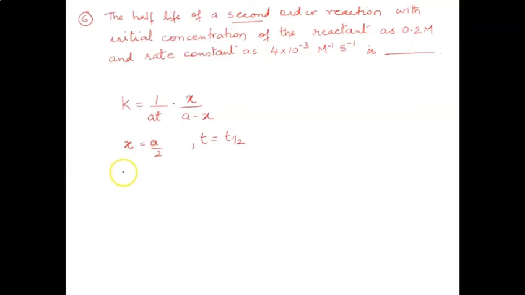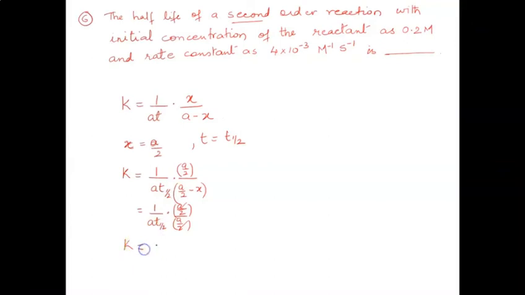If you substitute this in the above equation, K becomes 1 upon a t into a upon 2 divided by a minus a upon 2. You can do this quickly. So the numerator and the denominator cancel out, and this becomes the half-life.